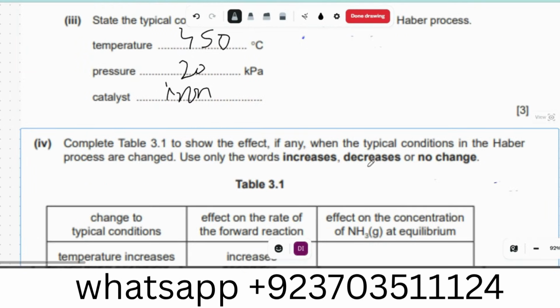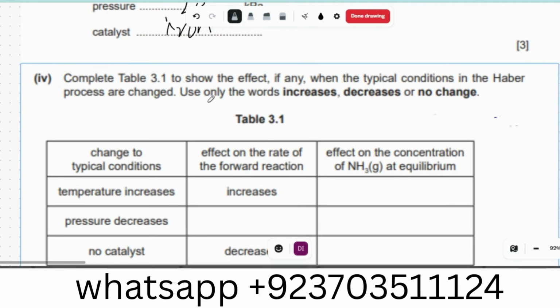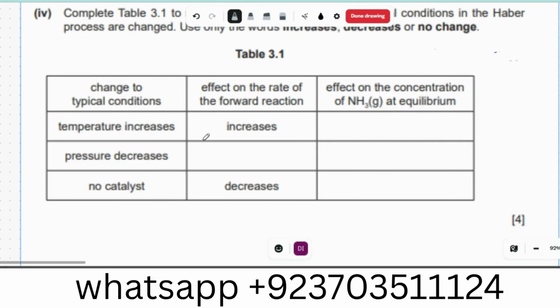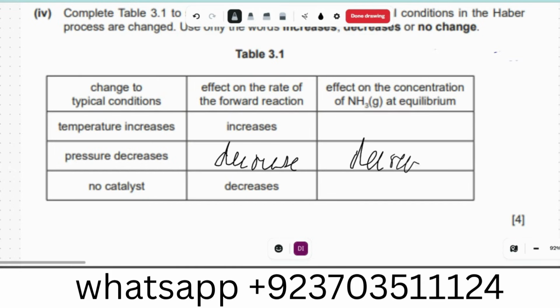Complete the table effect of the condition in Haber process change using only the word increase, decrease, or no change. So first, pressure decrease, that will result in decrease in the rate of forward reaction. Then NH3 will also decrease.